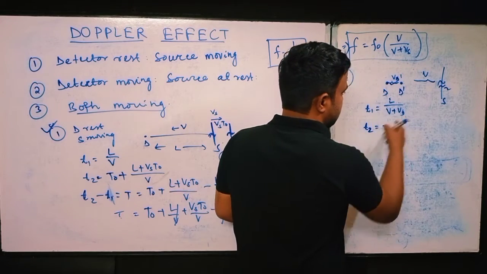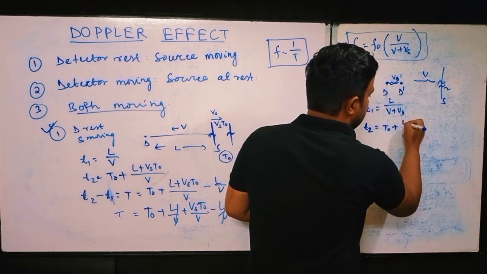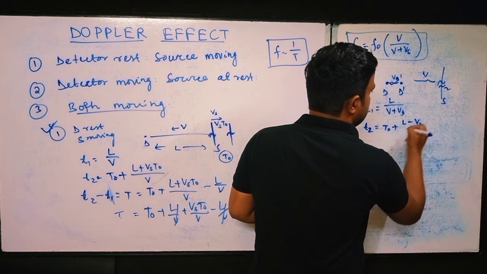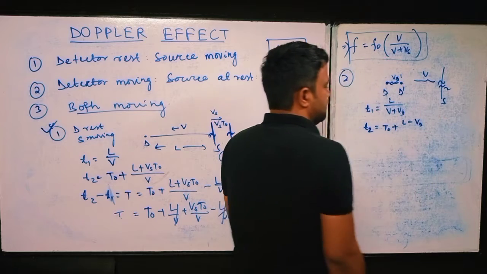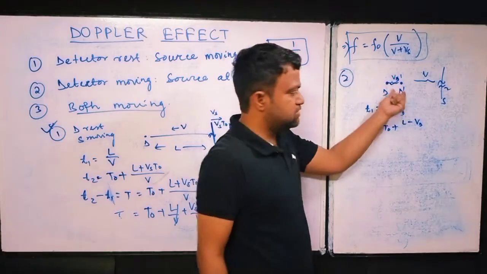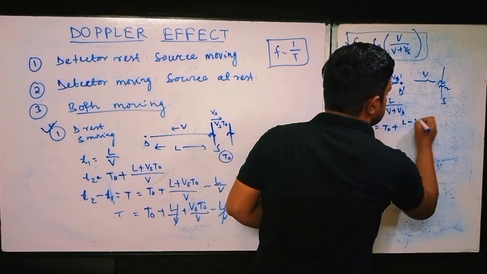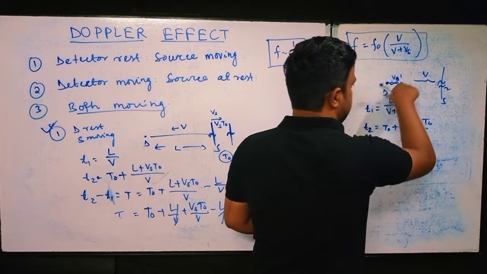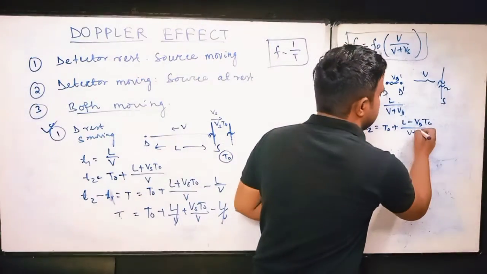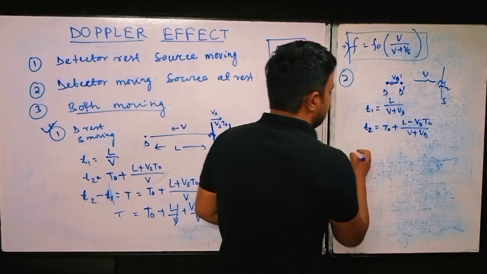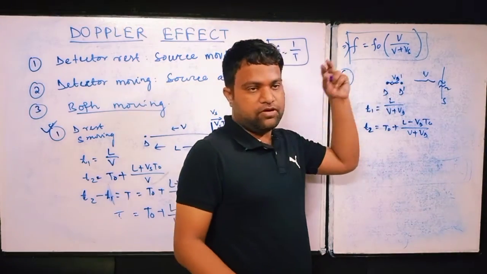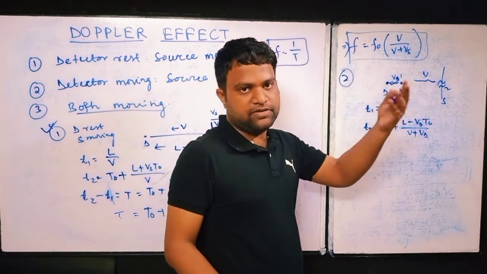So the net distance is L minus Vd T0, where Vd is the speed of the detector and it has moved this much distance in time T0. The speed is the same, because it is approaching, V plus Vd, the same denominator as before.